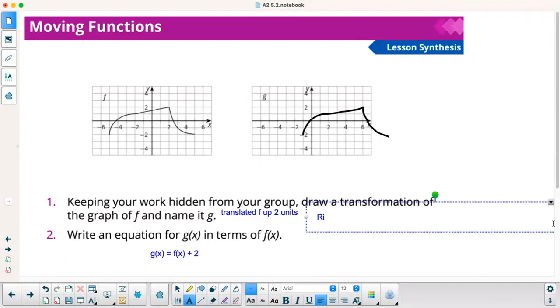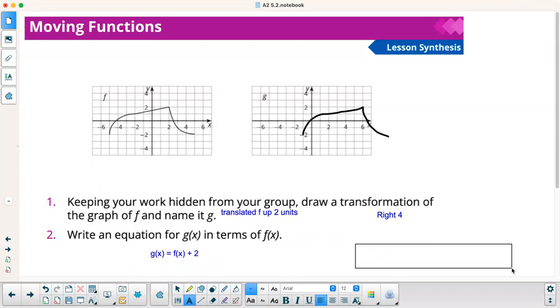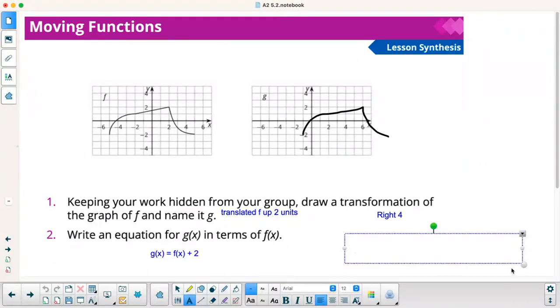That'd be right 4 to get to 6. Right 4 would be G of X equals F of X minus 4.